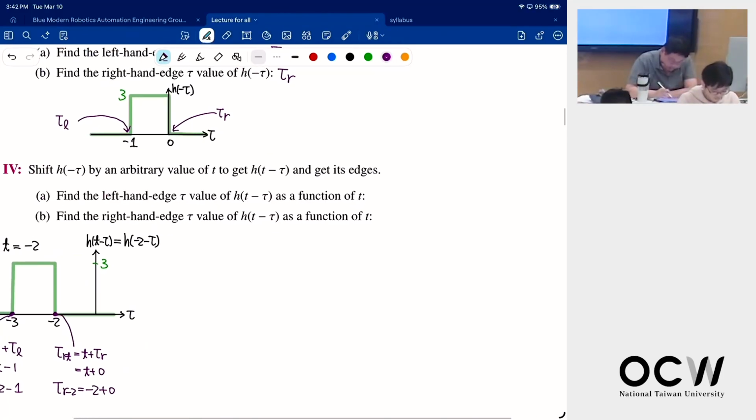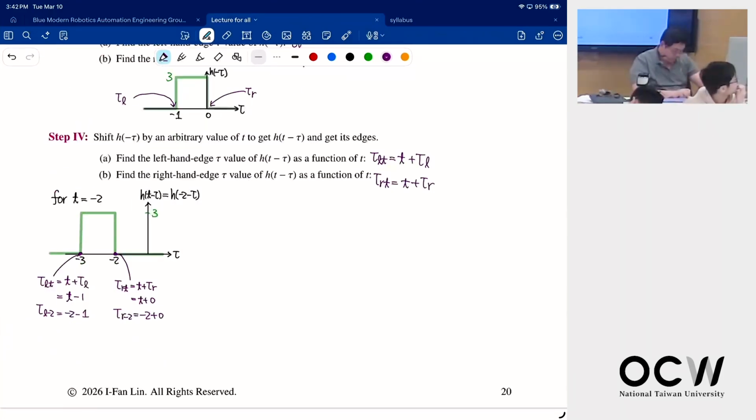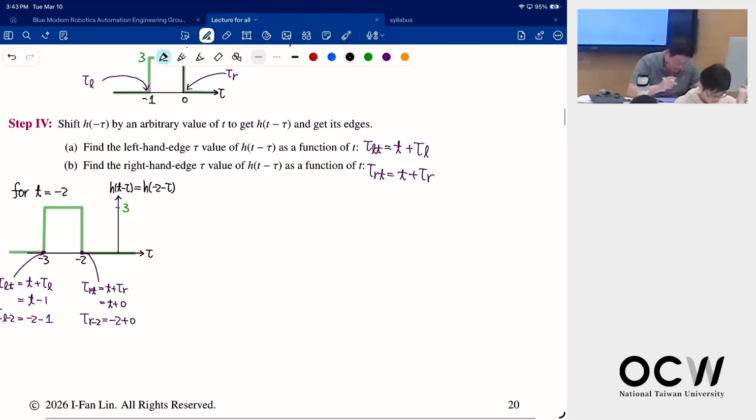So this is tau left and time. So it's t plus tau left. Here's a tau right time, that'll be t plus tau right. Let's see when t is greater than 0, say t equals 2.